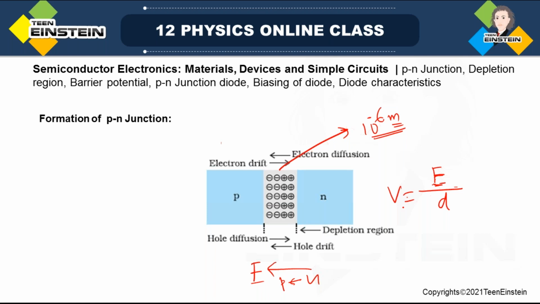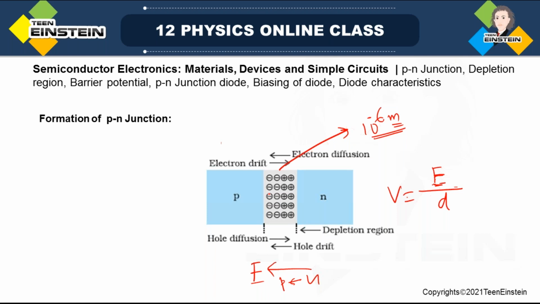When diffusion happens, a positive space charge region is created near the n side and a negative space charge region near the p side. So there will be an electric field, and this is called the barrier field or barrier potential. We'll learn shortly what the barrier potential is.